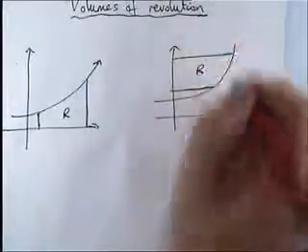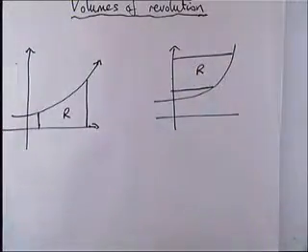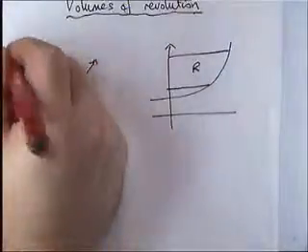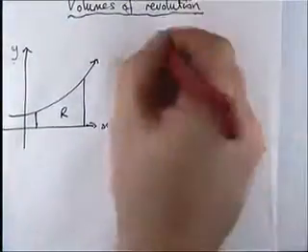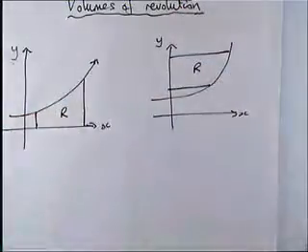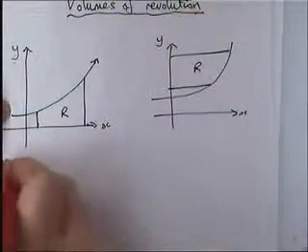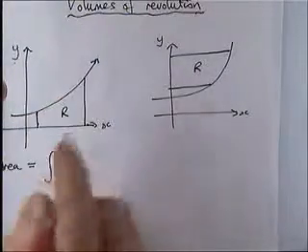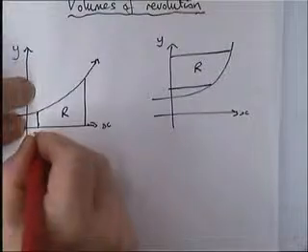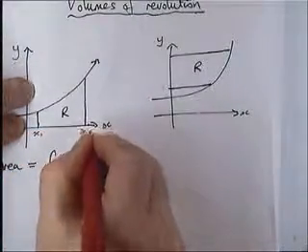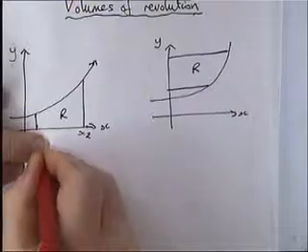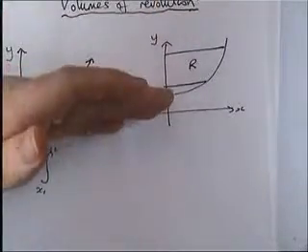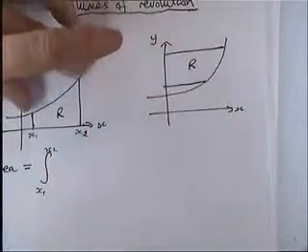Now, if we just think about integration anyway, if this is the x-axis and this is the y-axis in both cases, if we were going to find the area R, it's the area between the ordinates x1 and x2 and the curve, and it's the area between the curve and the axis, not the area under the axis.